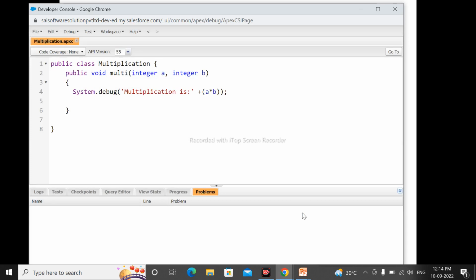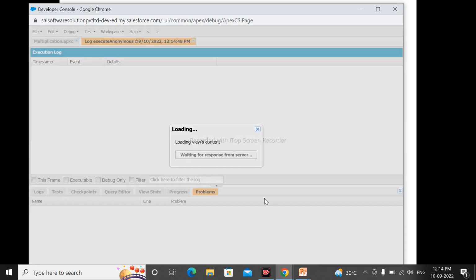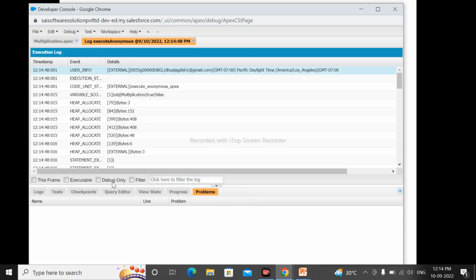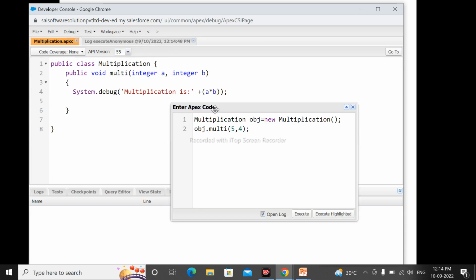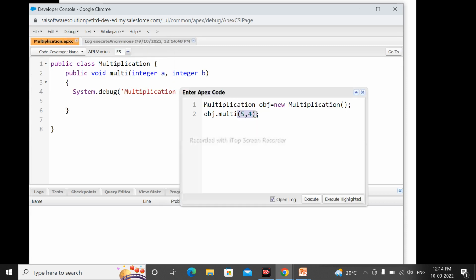Execute this. We got the multiplication is 20. Here I pass the values at runtime, 5 and 4. These are the parameterized procedures.